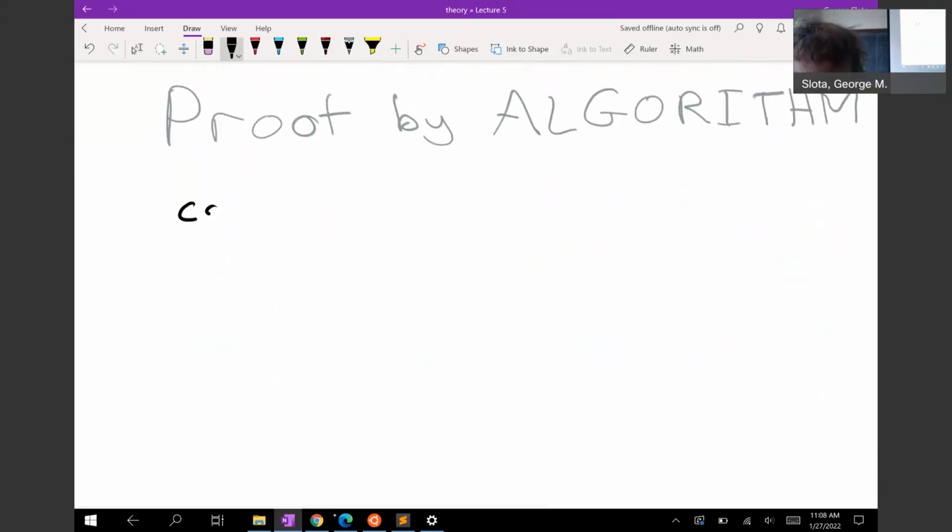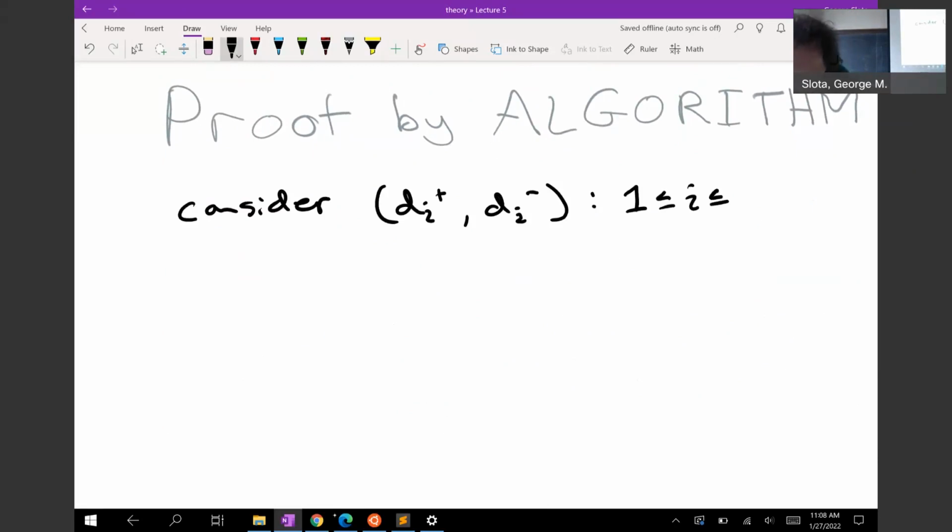So let's consider some arbitrary pair in that sequence, which we will define as d plus sub i, d minus sub i, such that i is bound below by 1, bound above by n, and obviously m equals sum of the in degrees, sum of the out degrees, just shorthand notation there, as given by our initial assumption.